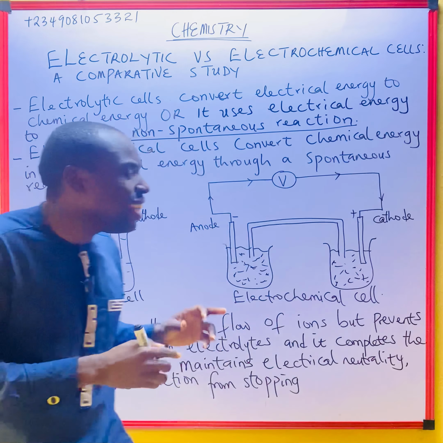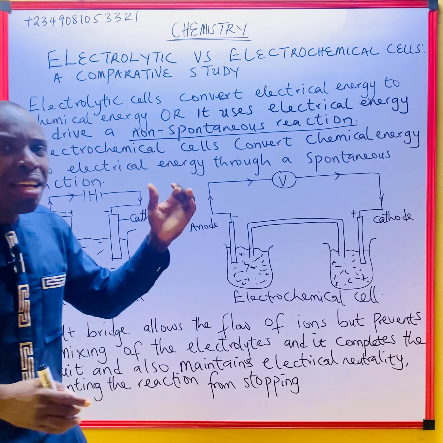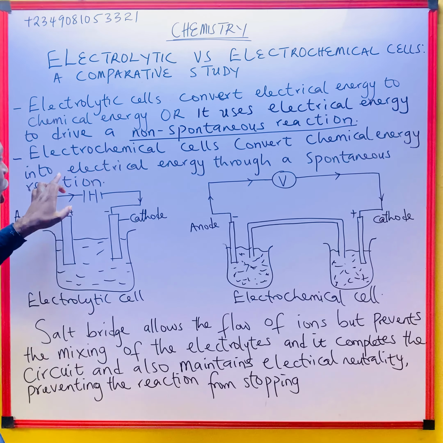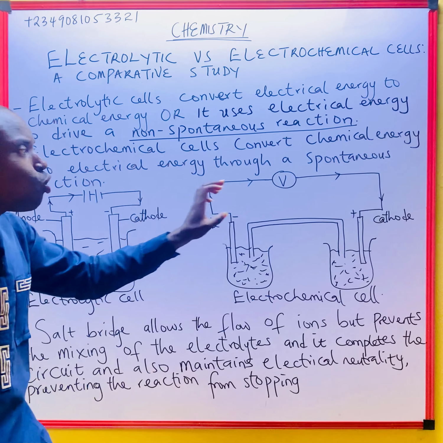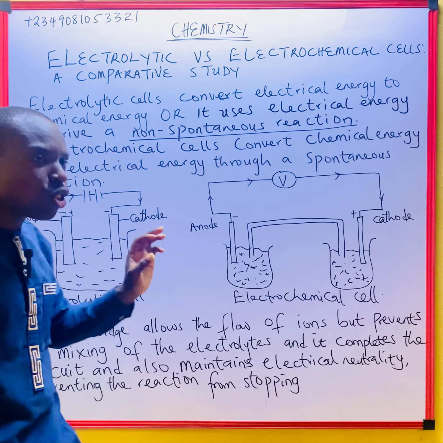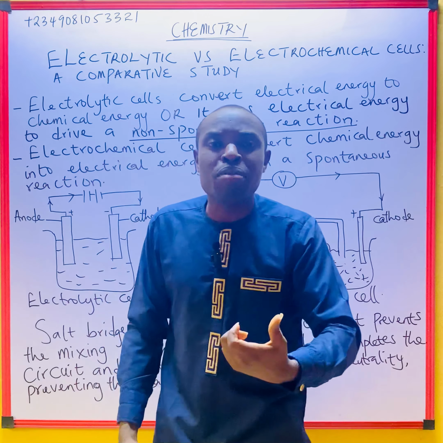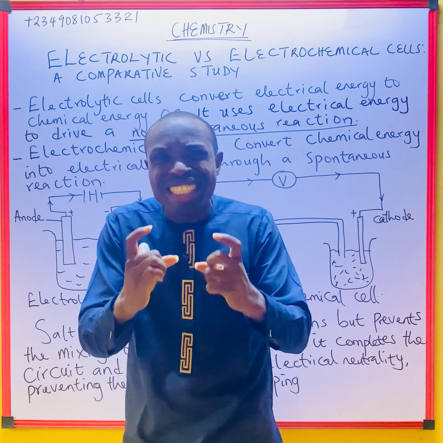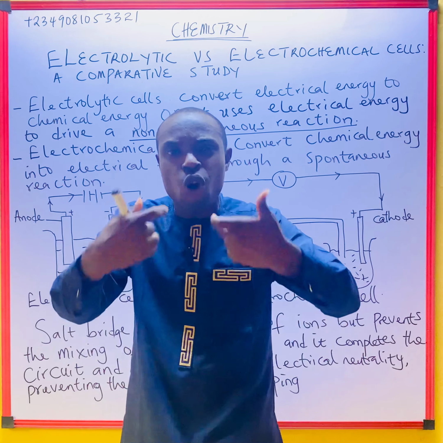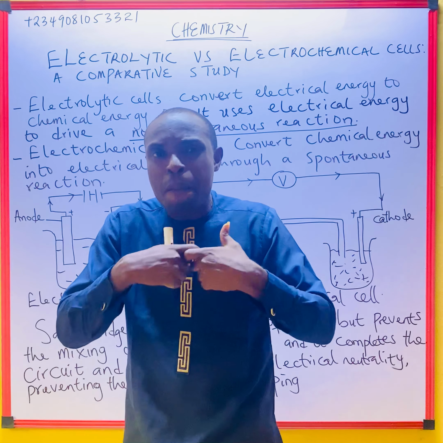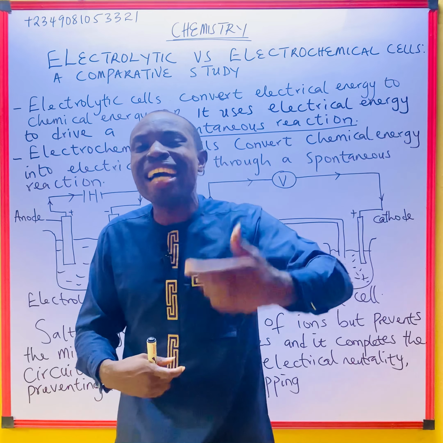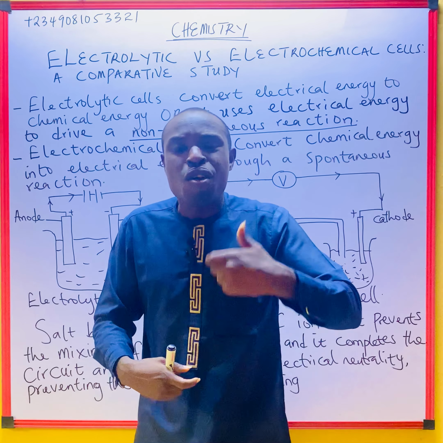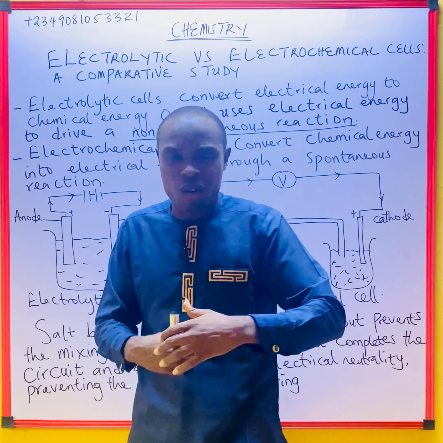Unlike that of the electrochemical cell, which converts chemical energy into electrical energy through a spontaneous reaction. I often tell my students all over the world that for a reaction to be spontaneous, it simply means it can occur by itself, meaning there is no external power or external source necessary for it to occur.